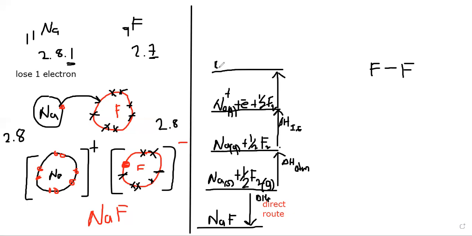So we have sodium ion in the gaseous state plus the electron, because remember now we are focusing on the molecule of fluorine. So these two stay as is.